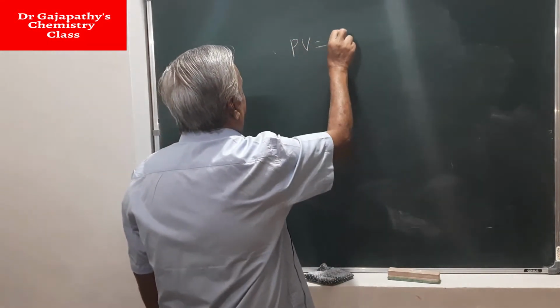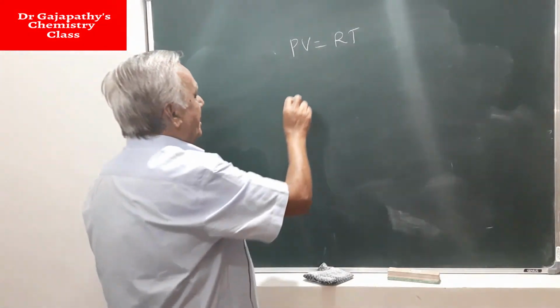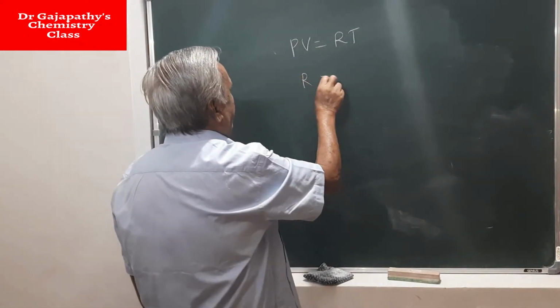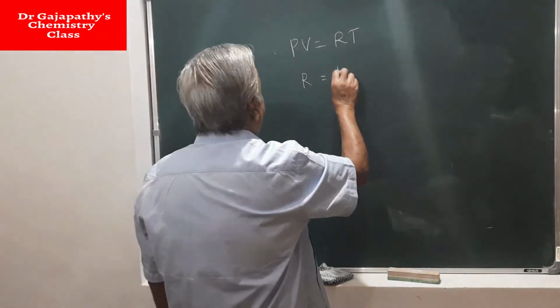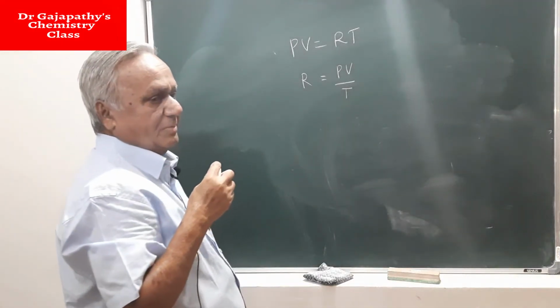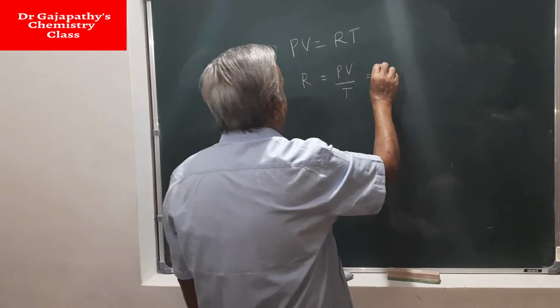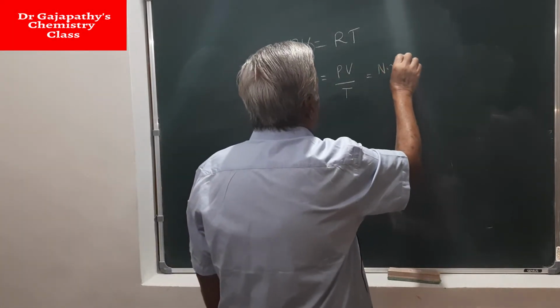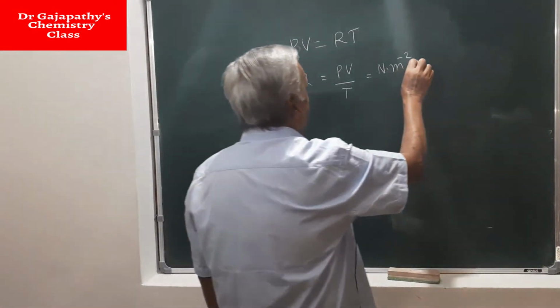PV equal to RT, I said. Or R equal to, what is the value of R? You can calculate. R equal to PV by T. Let me substitute the units. Pressure is Pascal, I said it is Newton per meter square. V is meter cube.